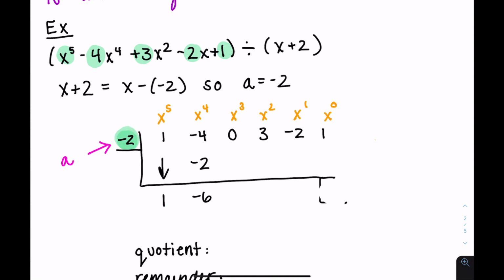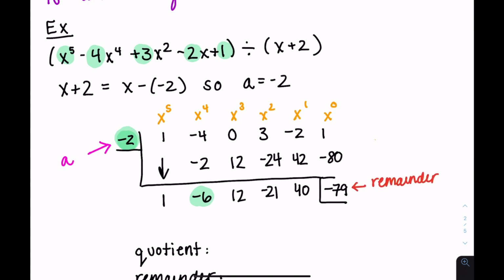I'm going to take negative 2 times negative 6. That gives me positive 12, so that gets moved here. Add them together, multiply this number by negative 2, add them together, multiply that number by negative 2, add together, multiply by negative 2, add together. And now I can go ahead and stop, and this last piece is going to be my remainder.